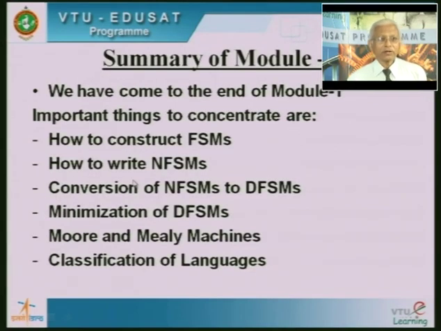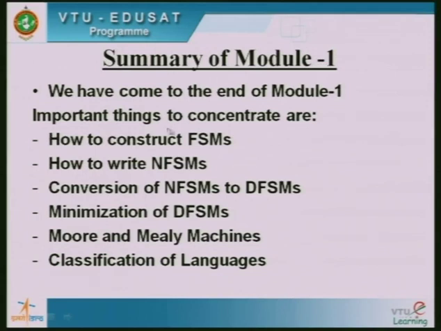Now the summary of module 1. I want to tell you what is important. A lot of things have been covered. Because this subject has been there for quite some years, from the background I can say that the construction of finite state machines is very important, so you must concentrate on that.